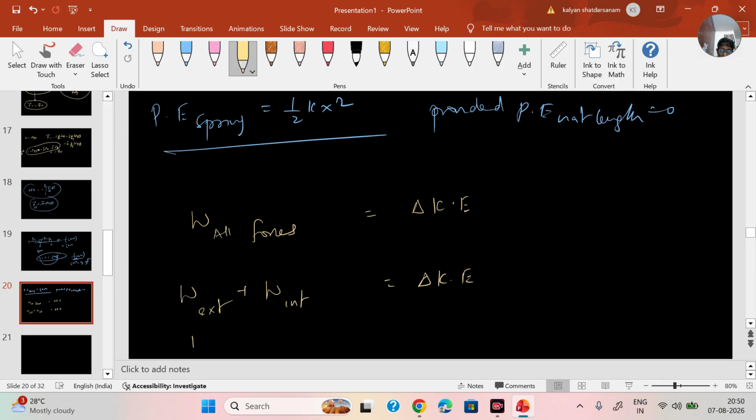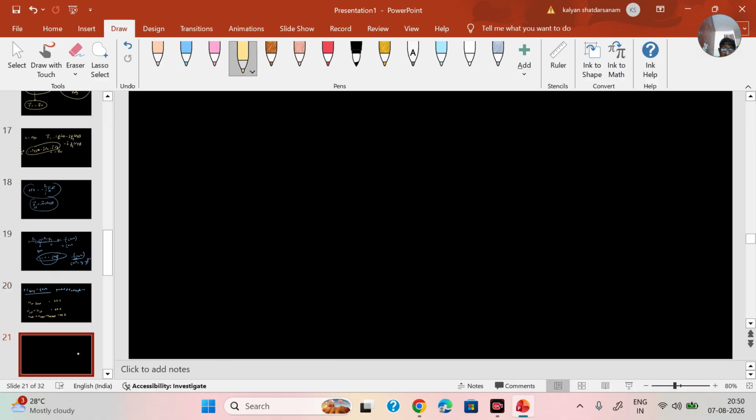Now in the internal also, external I don't do anything. Internal I can again split into internal conservative force and internal non-conservative force. External can be anything, I don't care. We take this internal conservative force to the other side, then what will it become?